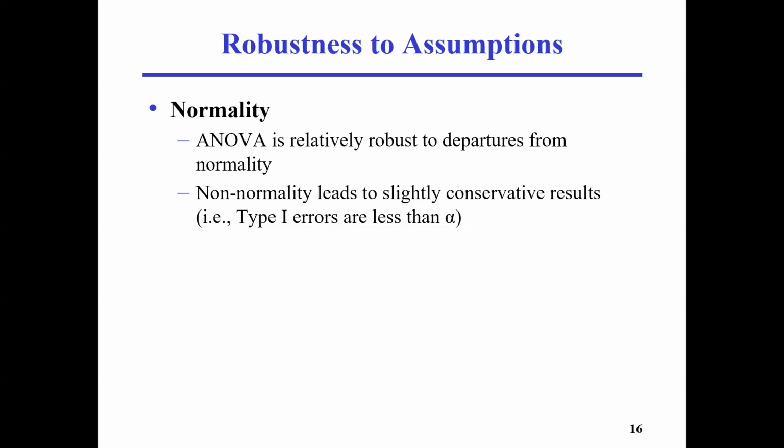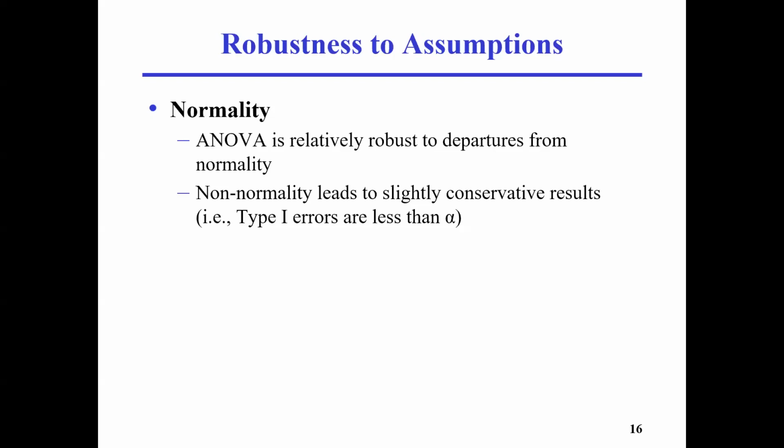So firstly, normality. ANOVA is relatively robust to departures from normality, which means that even if your populations are not strictly following a normal distribution, it's okay. ANOVA is not very sensitive to that.